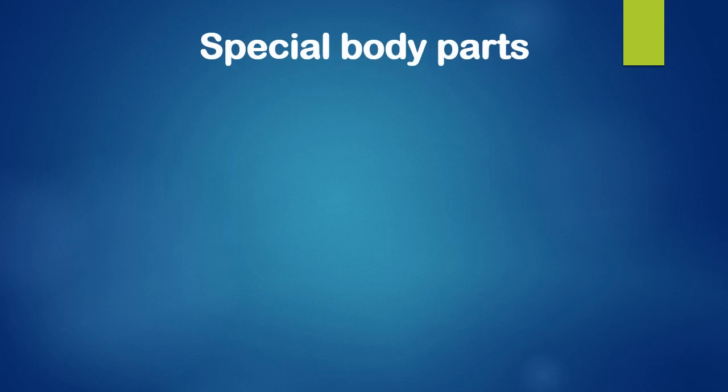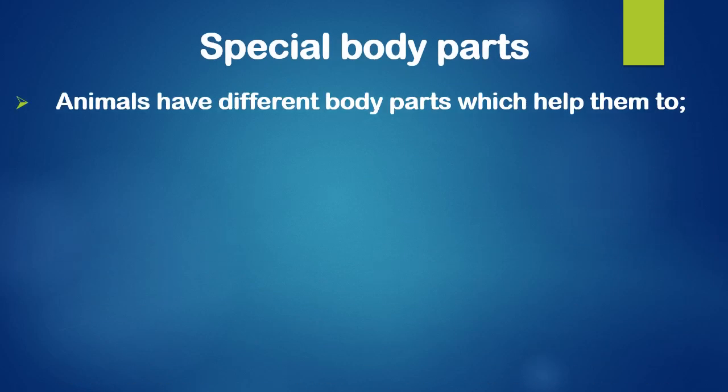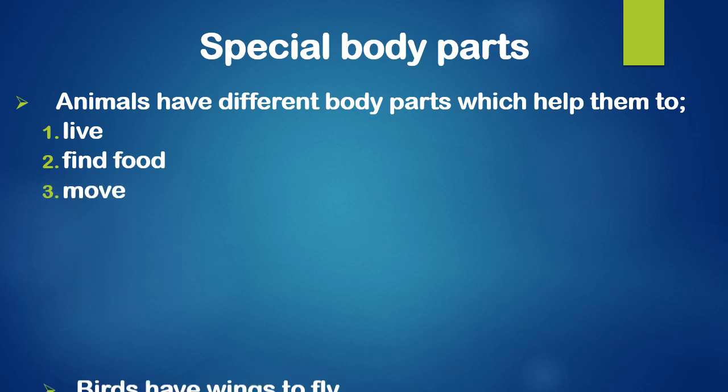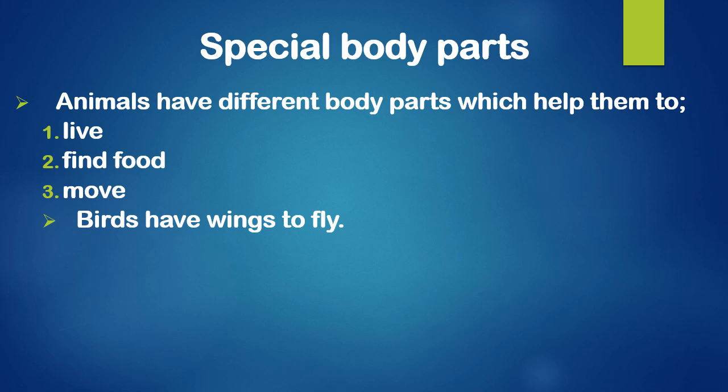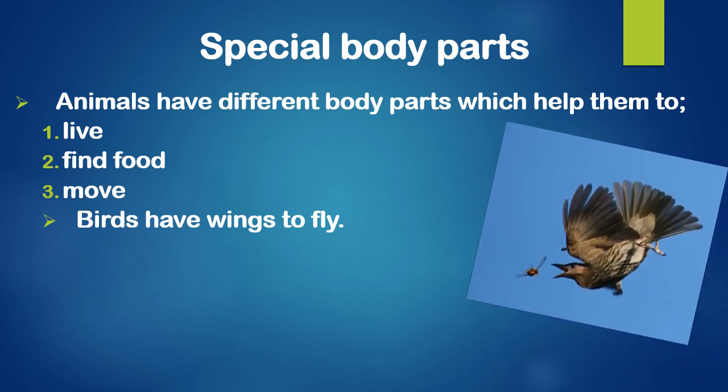Dear students, now let's talk about special body parts. Animals have different body parts which help them to live, find food, and move. Birds have wings to fly, as I have told you earlier that birds have two wings.